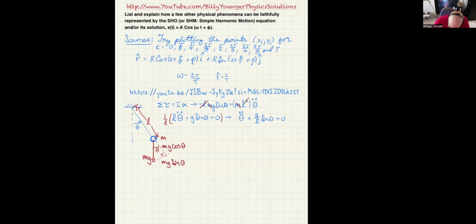Now, if we use a Maclaurin series expansion and work out what sine theta is, expanding about theta equals 0, what you'll find is that you get 1 over 1 factorial x minus 1 over 3 factorial x cubed plus 1 over 5 factorial x to the fifth power minus 1 over 7 factorial x to the seventh power plus dot dot dot.